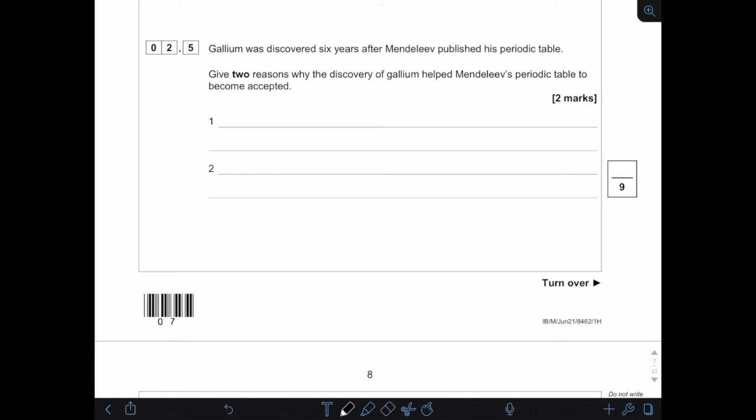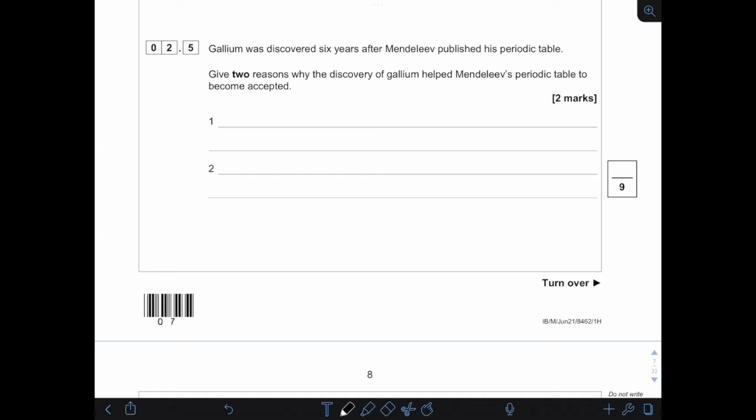You need 2 reasons why gallium helped the periodic table to be accepted. So one of the reasons why gallium helped the periodic table being accepted is because the periodic table had preemptively predicted the existence of gallium before it was even discovered.